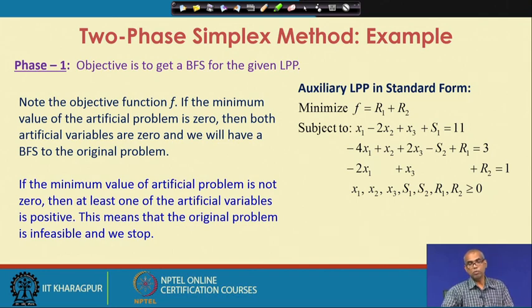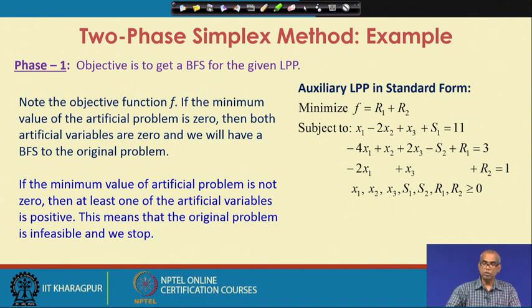So, if the solution of the auxiliary linear programming problem is such that we have R1 equal to 0 and R2 equal to 0, then we have a basic feasible solution for the original linear programming problem.